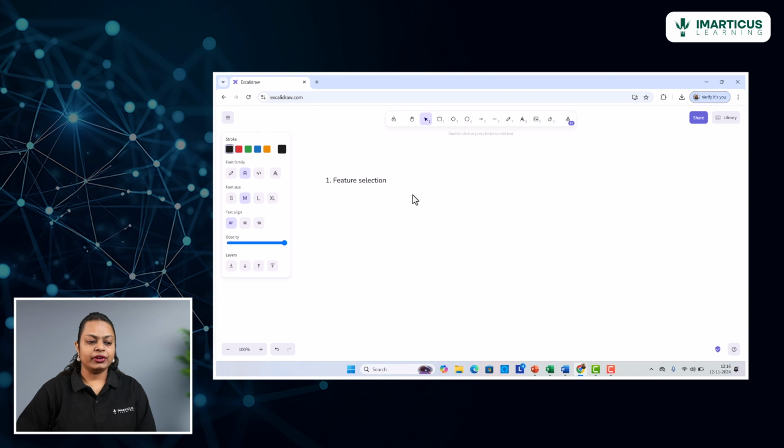This is one of the very important steps that we perform as part of the data pre-processing, wherein feature selection means that we are going to work on identifying the relevant features that would be used to train the model. And what does relevant features mean?